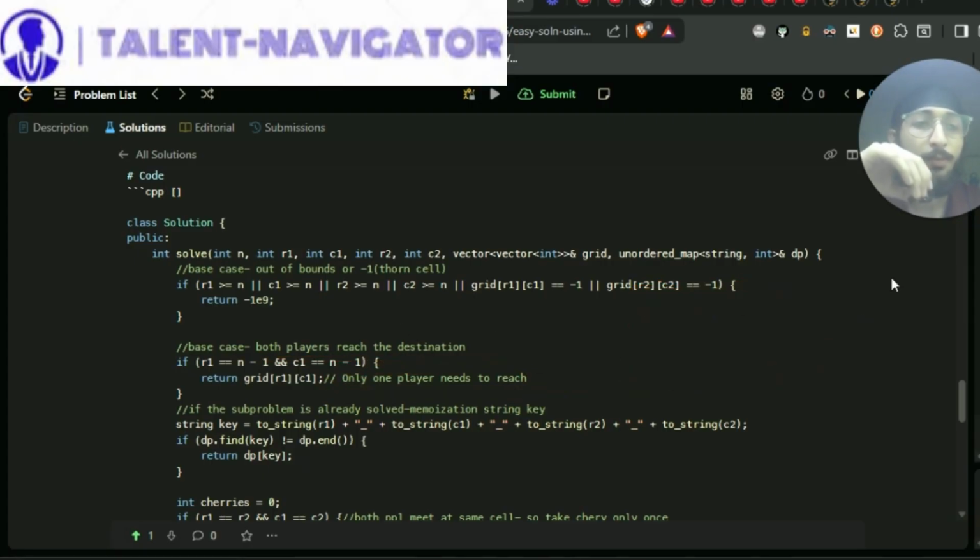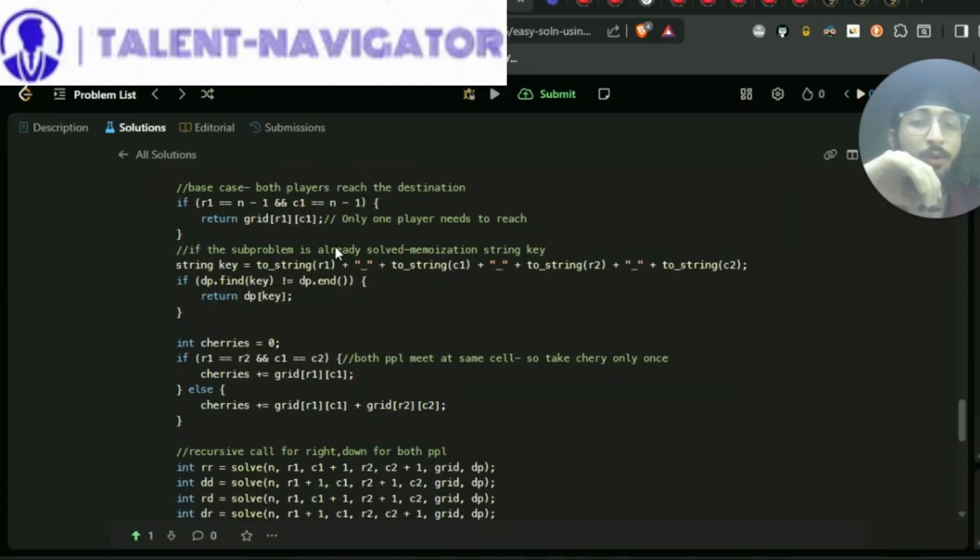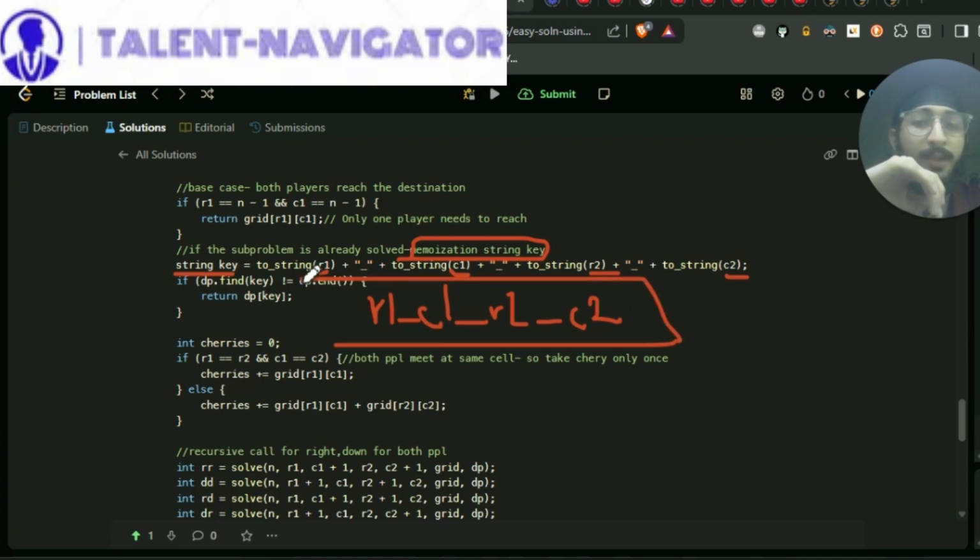Now we go to the sub problems. If the sub problem is already solved using any of the above recursions that we call here, then we use memoization with a string key. The string key is made by converting R1, C1, R2, C2 to strings, and we maintain it in this format: R1, C1, R2, C2, for easier understanding.